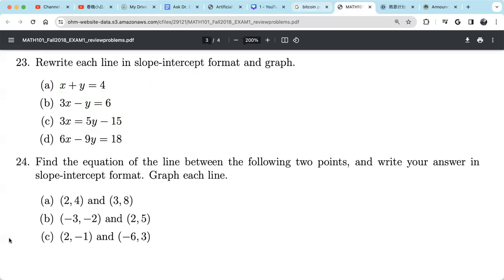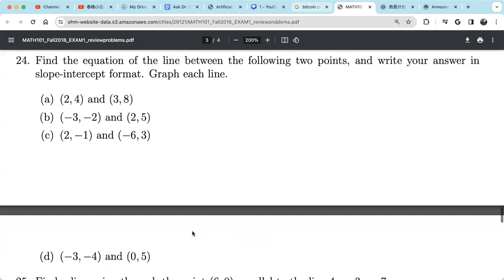Let's see 24. Find the equation of the line between the given 2 points. Write the answer in slope-intercept format and graph each one. So let's say A. First we need to find the slope. Remember, slope equals rise over run, right?